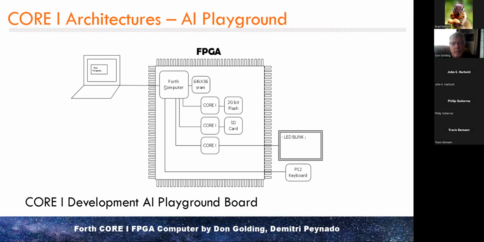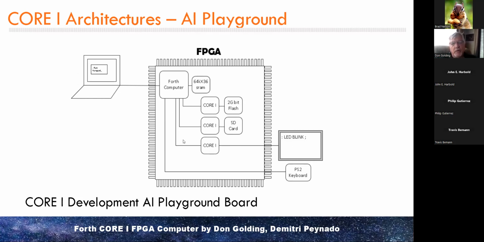You have the Forth computer that interfaces with the user, with the compiler and the interpreter built in. It's got the 64K cells of high-speed SRAM hooked to it. You could have, for example, a Core 1 assigned to the flash, a second Core 1 assigned to the SD card, and a third Core 1 assigned to the display.